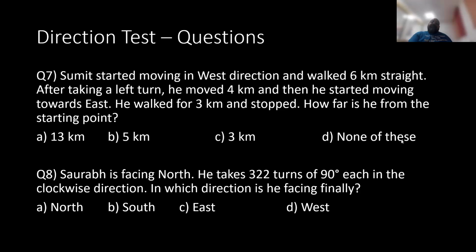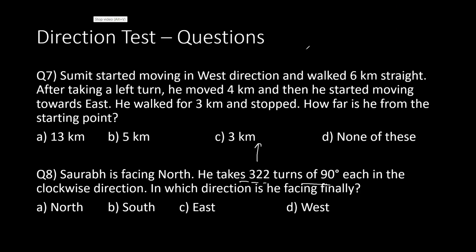Look at this question then. Saurabh is facing north. He takes 322 turns of 90 degrees each in the clockwise direction. In which direction is he facing finally?